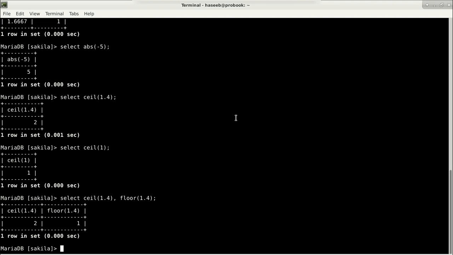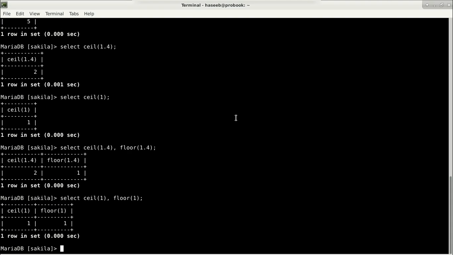So in case of ceil you will get the next highest number. In case of floor you will receive the previous nearest integer value, which is 1. And if you give integer values or values that don't have any decimal part in them, then you will get the same answer. So ceil 1 and floor 1 will just return 1. Got it?